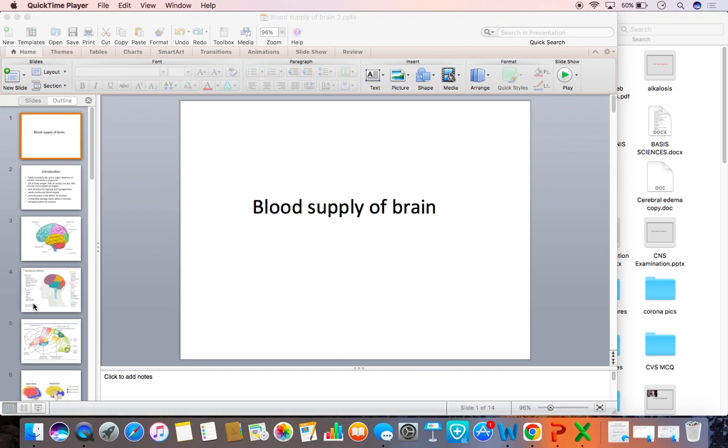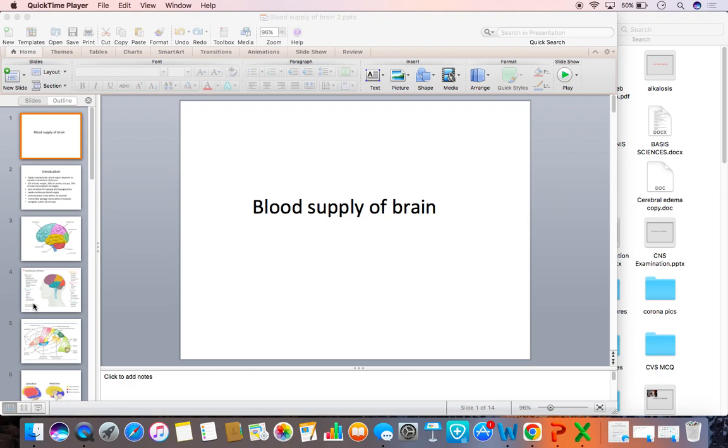It comprises of cerebrum, the brainstem, and the cerebellum. The cerebrum is further divided into two hemispheres, two halves, which are connected by a band of white matter called corpus callosum.